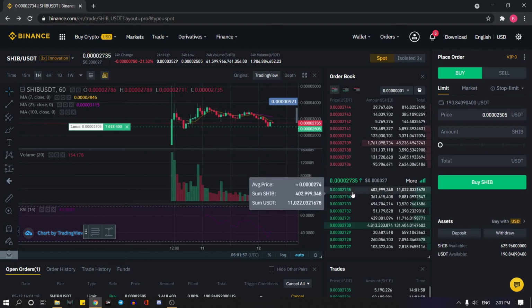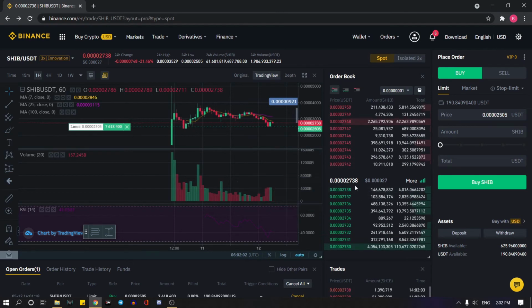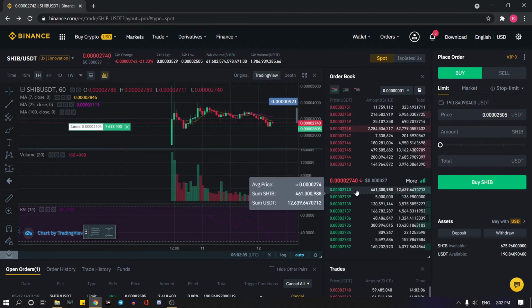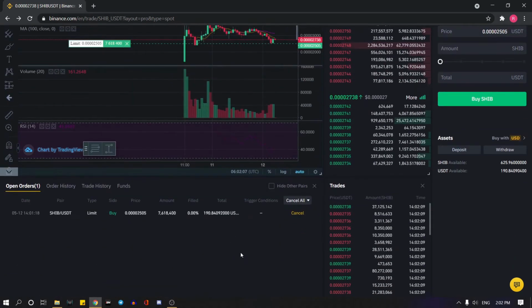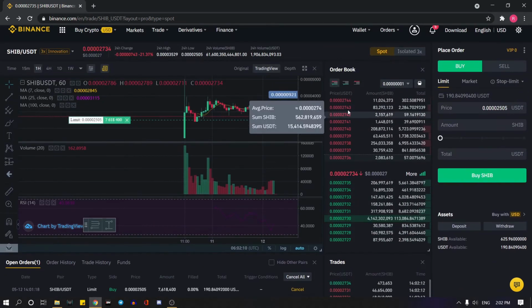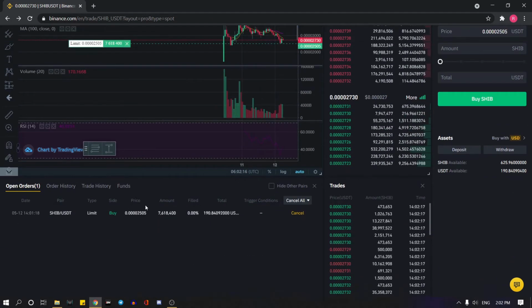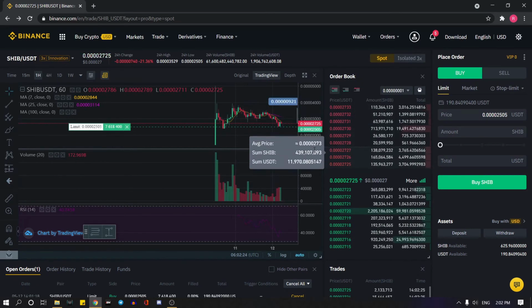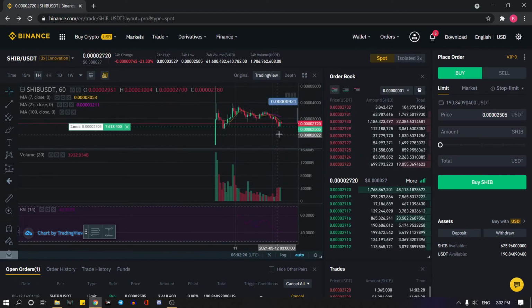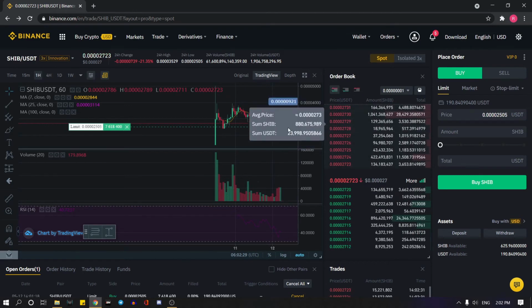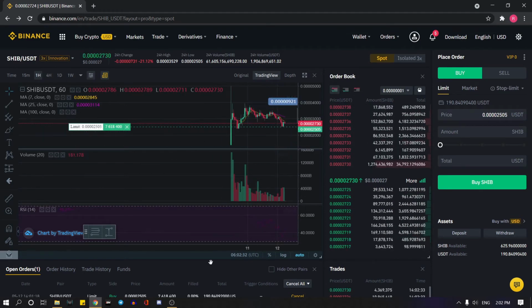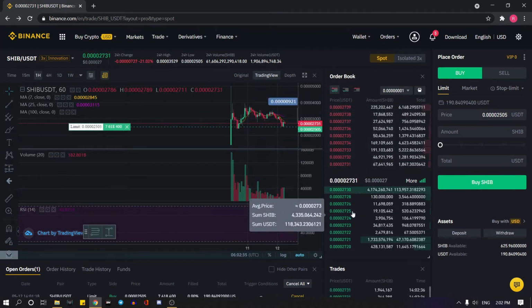So basically, their system, if it matches, then it will push the order of someone. So if someone will place an order or sell at this price, the one that I ordered, then this will be filled up so I can get my Shiba currency. Right, so right now, we're still going to be waiting, and I hope it goes down a little bit so we can fulfill this order.